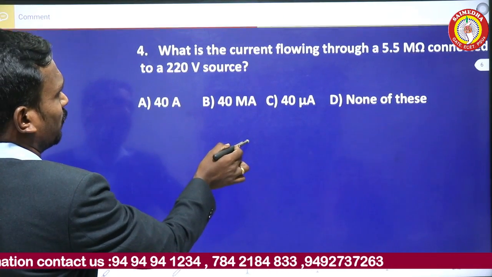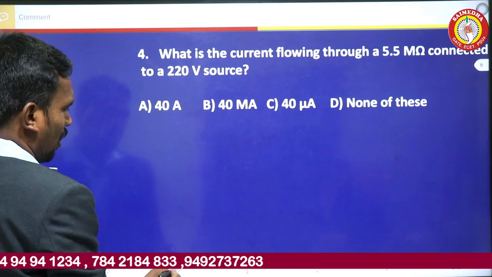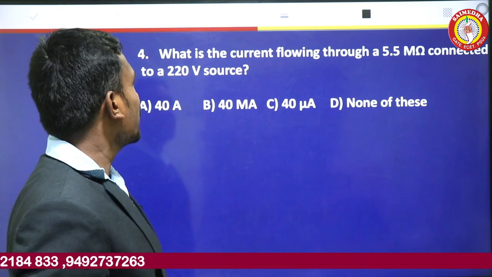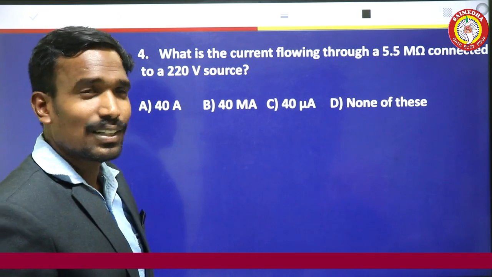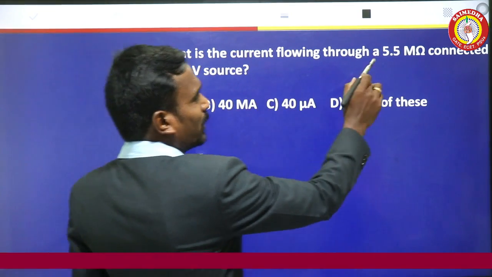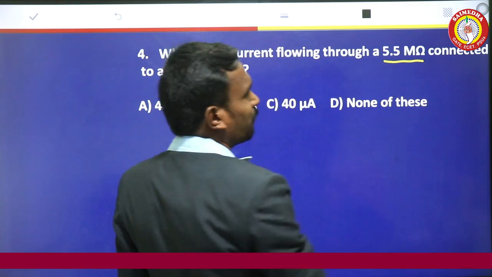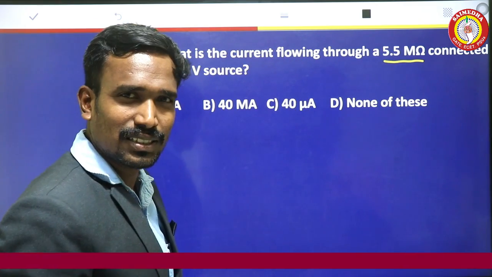Yeah, this is also one of the best questions. You have to do this. See, what is the current flowing through A? 5.5 mega ohms.